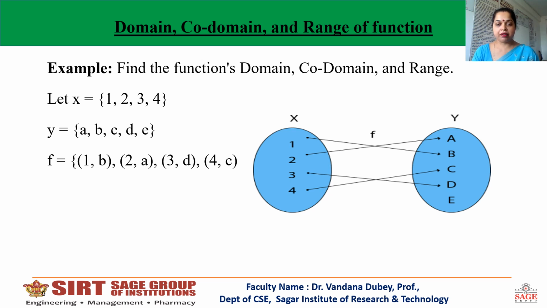As we have already discussed, the domain of the function is the set X, the first set. So whatever the elements in the first set, that is the domain of the function.